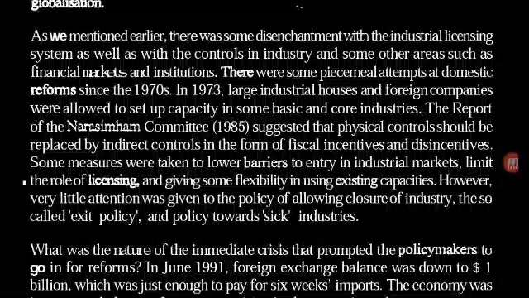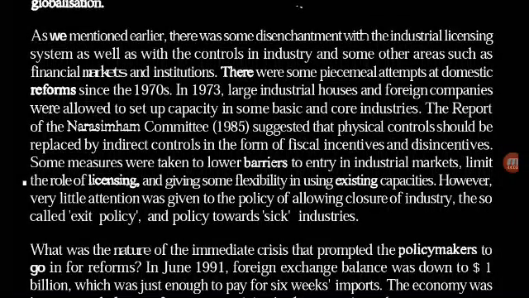As we mentioned earlier, there was some disenchantment with the industrial licensing system as well as with the controls in industry and some other areas such as financial markets and institutions. There were some piecemeal attempts at domestic reforms since the 1970s and 1973.